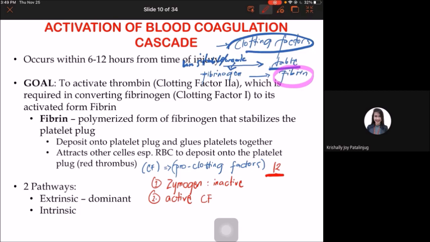They start out inactive. And then of course, they are required to be activated so they can be of use. They are useless if they are not activated.